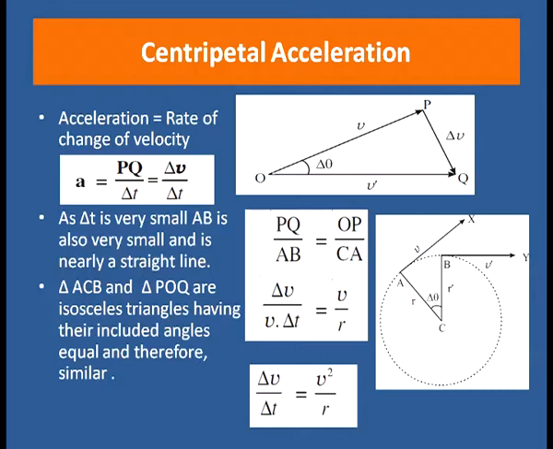Now, put the values: PQ equal to delta v, AB is the distance covered in time delta t, that is v delta t, OP equal to v, and CA equal to the radius r. So, delta v divided by v delta t equals v divided by r, and by simplifying we get delta v divided by delta t equal to v square divided by r.